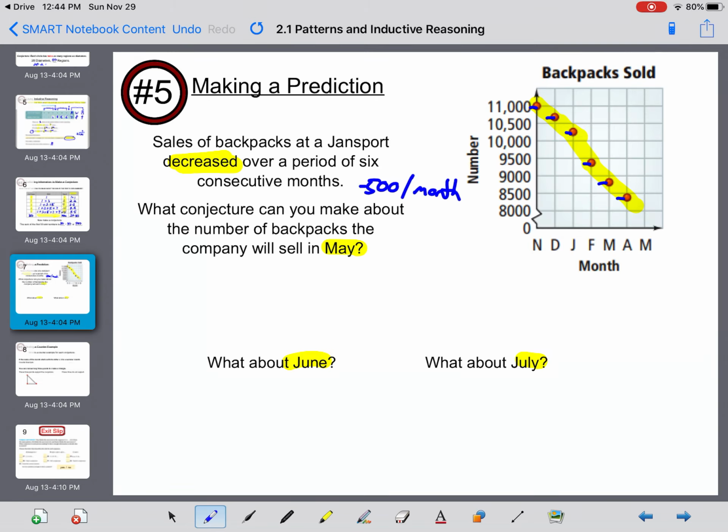What conjecture can you make about the number of backpacks the company will sell in May? Well, from April to May, we could say they went from about 8,500. Following the rule that we just set in place, minus 500, there might be about 8,000 backpacks sold.